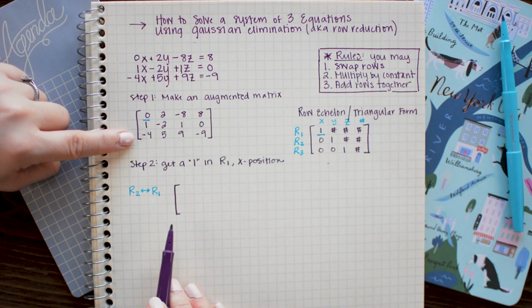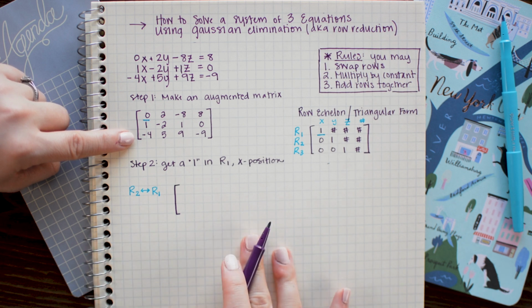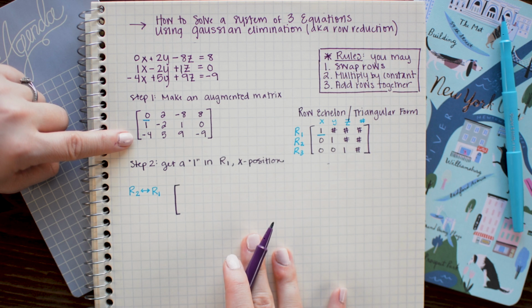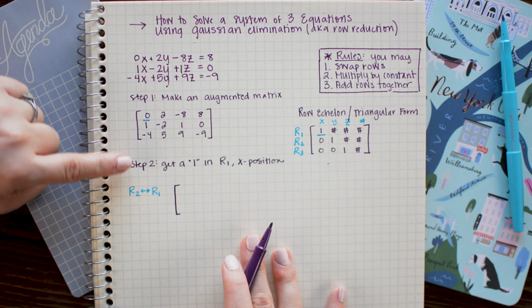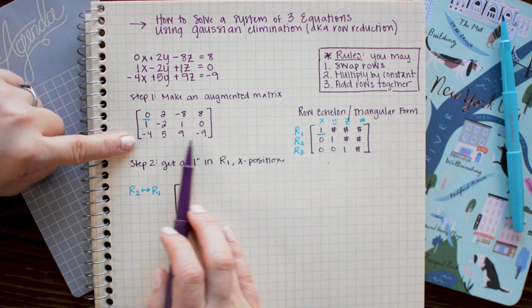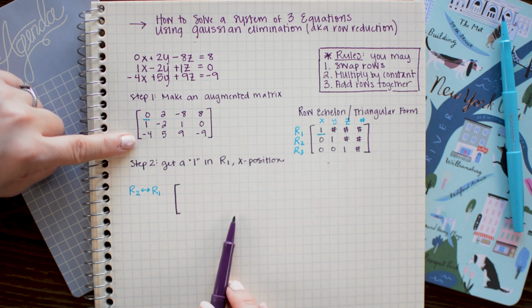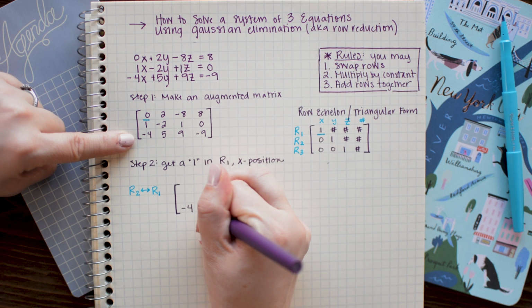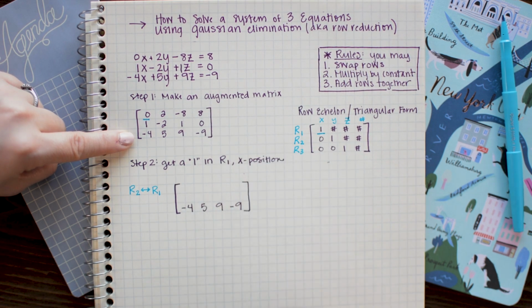So the way I always start these problems is if there is a row that I'm not doing anything with, I just go ahead and copy it down first because that row is just going to stay the same. So the first thing I'm going to do in this step is I'm just going to rewrite row 3 on the third row because I'm not going to do anything to that row in this step.